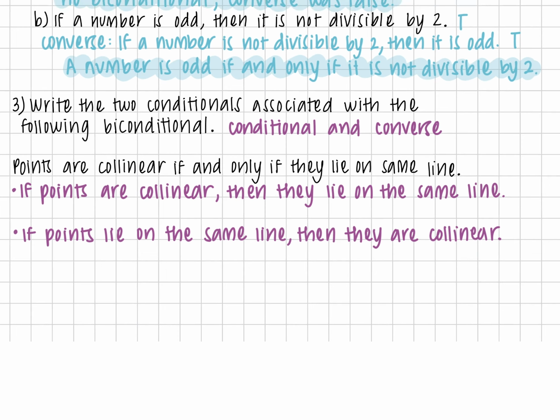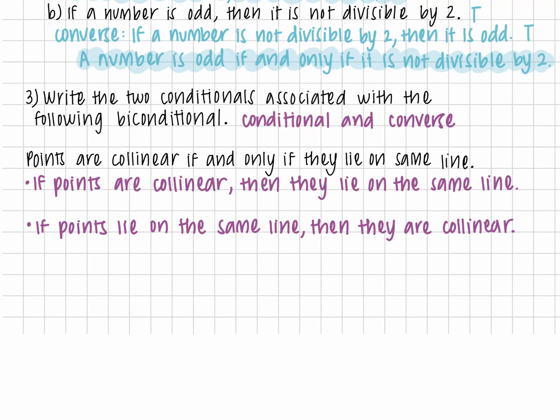And that's all that problem is asking for. Like I said, this one's a little tricky. So just think about the criteria for a biconditional. And that way you're able to think of what two sentences would be associated with it.